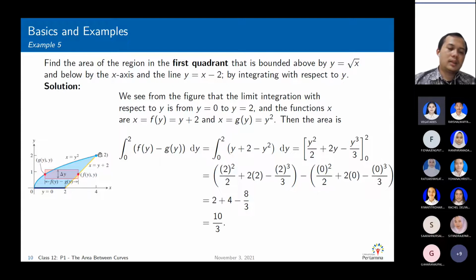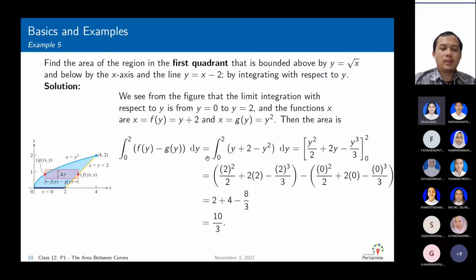Why? Because at this point, the value of x on the yellow lines is always greater than or equal to the value of x on the blue lines. So the upper function is x = y + 2, and then the lower function is x = y squared.